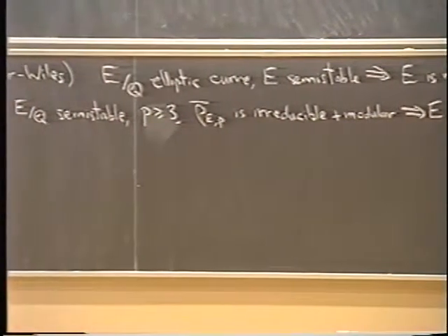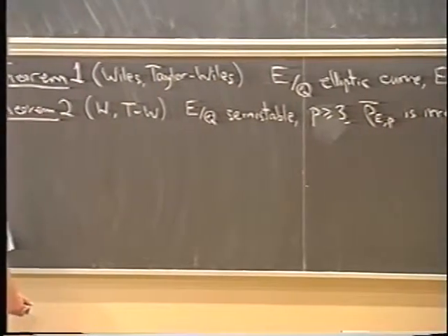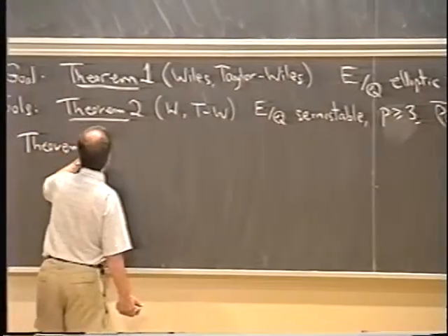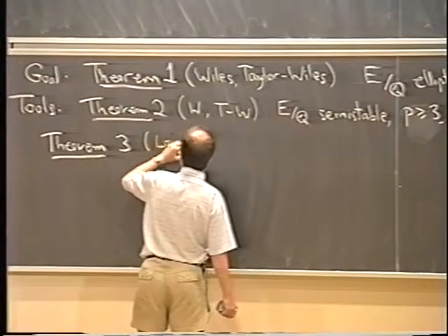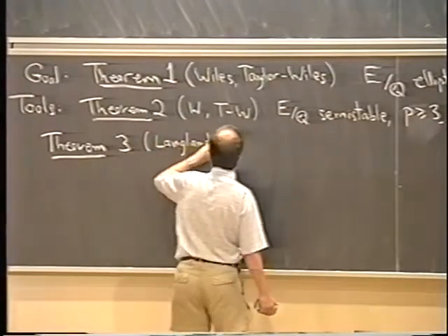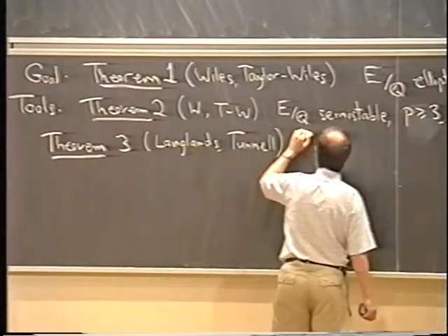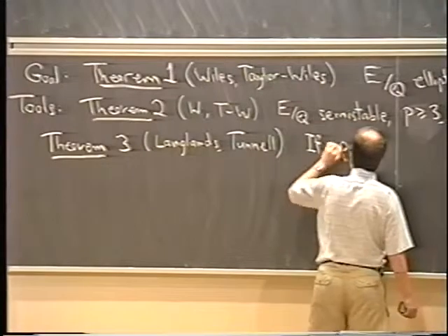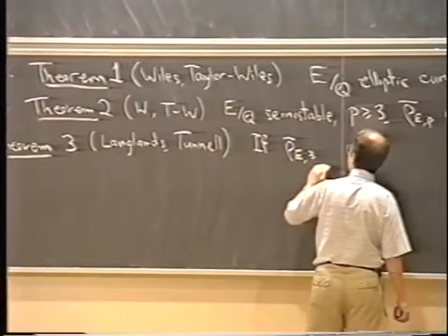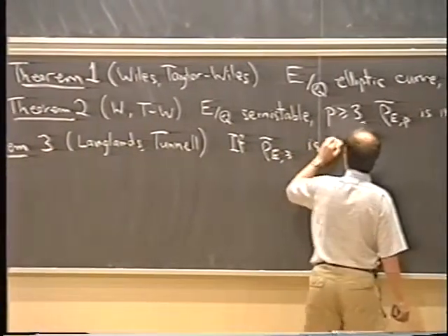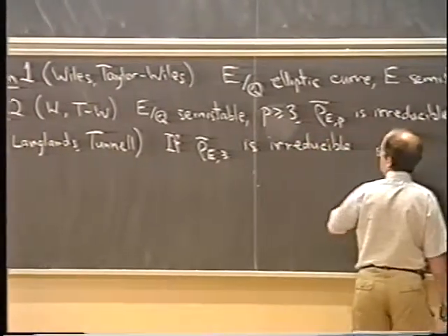So the way to proceed with this, of course, as has been mentioned several times, is what I'll call Theorem 3, which is the result due to Langlands and Tunnell, which says that if the mod 3 representation on your elliptic curve, rho E3 bar, is irreducible, then it's automatically modular.